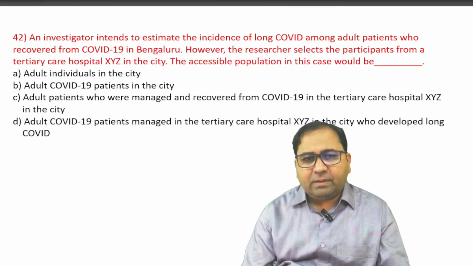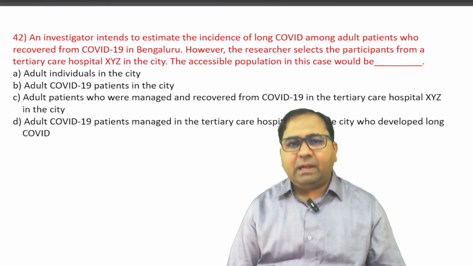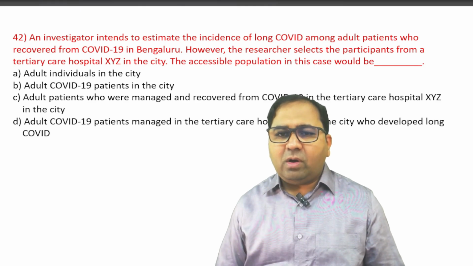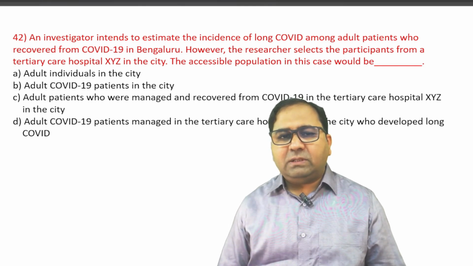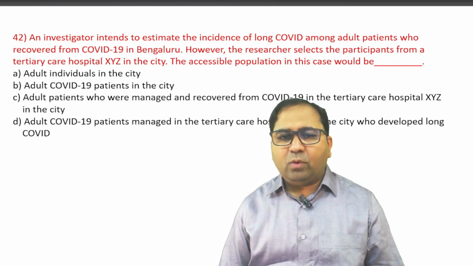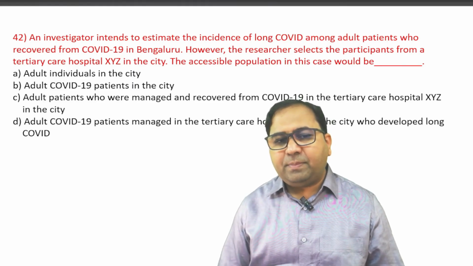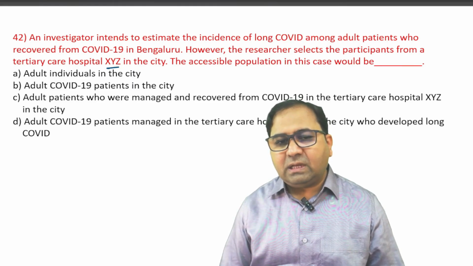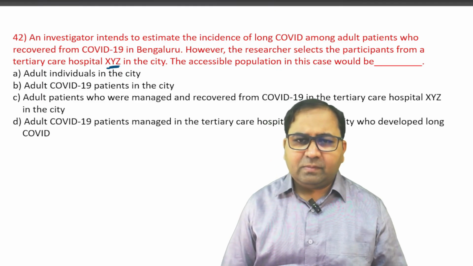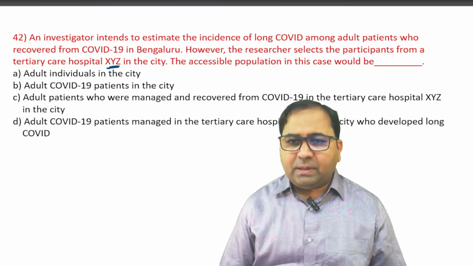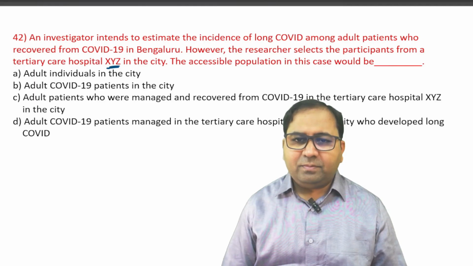Then next question. An investigator intends to estimate the incidence of long COVID among adult patients who recovered from COVID-19 in Bengaluru. However, the researcher selects the participants from a tertiary care hospital, that is XYZ, in the city. The accessible population in this case would be whom?